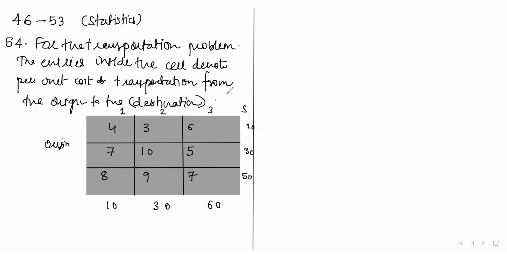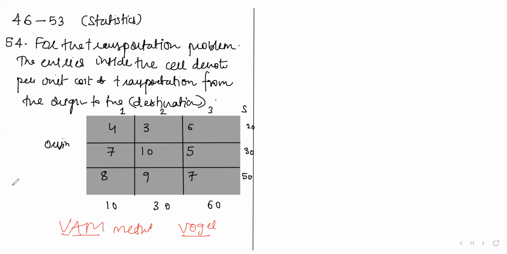So I'll solve this transportation problem by using Vogel's approximation method, also called the VAM method, because what they want is the optimal cost. They have asked for the optimal value, which is given by the VAM method.